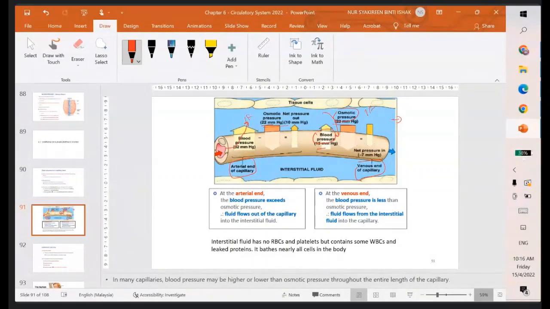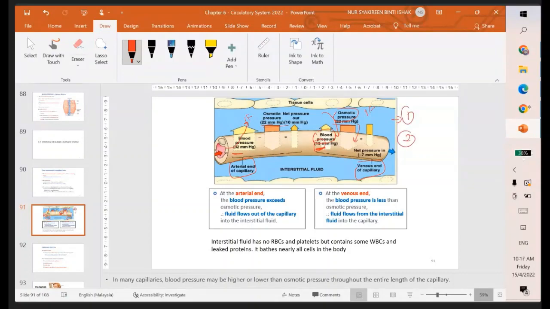So at the atrial end, blood pressure is 32, which is higher than 22, so the water keluar. But at the venule end, osmotic pressure is 22, which is higher than the blood pressure of 15. So excess fluid in the interstitial fluid will enter back into the venule end. Itu salah satu cara yang mana excess fluid will return back to your blood circulation.